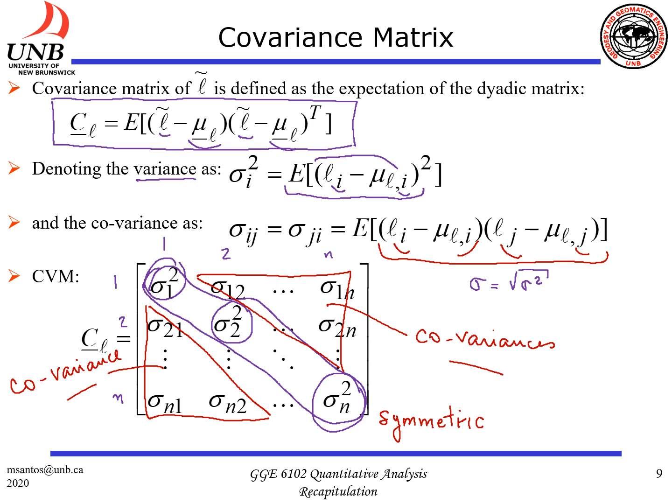Which means these would be, say, 1,1, these would be 2 and 2. That's why you write the subscripts as 1,2, 1,3, and 1,n, etc. So this is the definition of the covariance matrix.